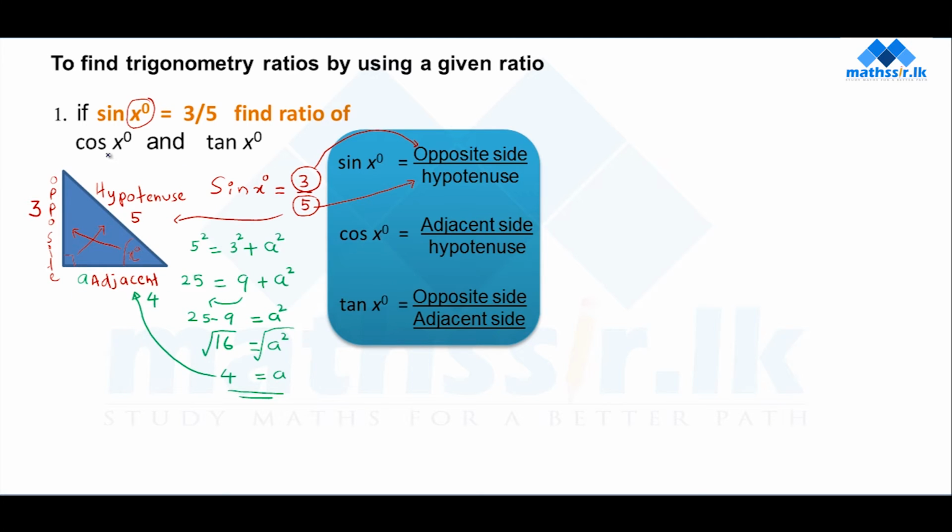Now the question asks the ratio of the cos x and tan x. Cos x ratio, according to the given definition, equals adjacent over hypotenuse. Adjacent value is 4 over hypotenuse 5.